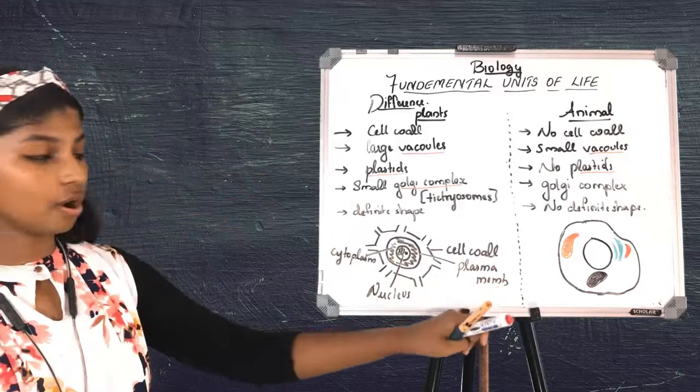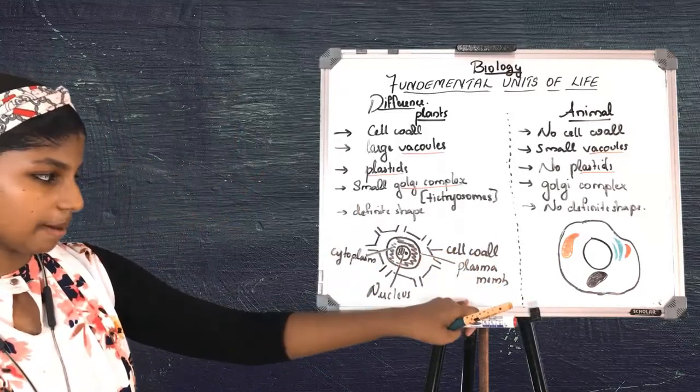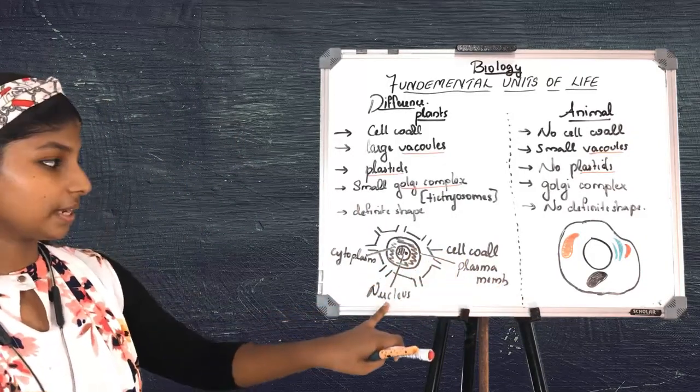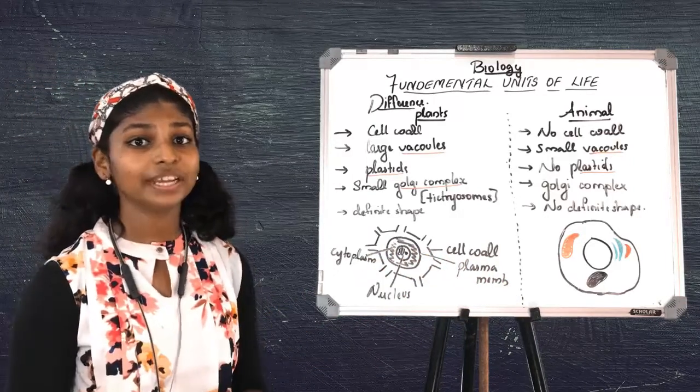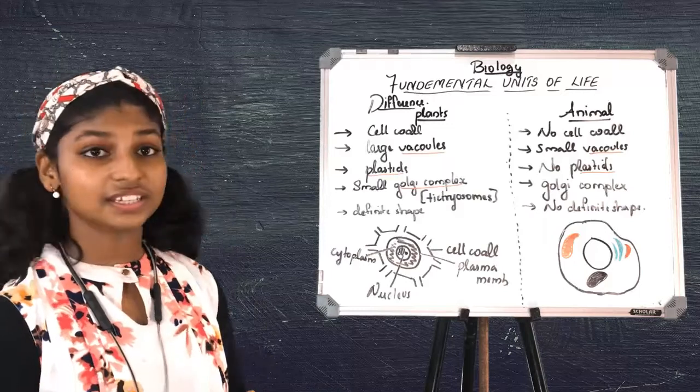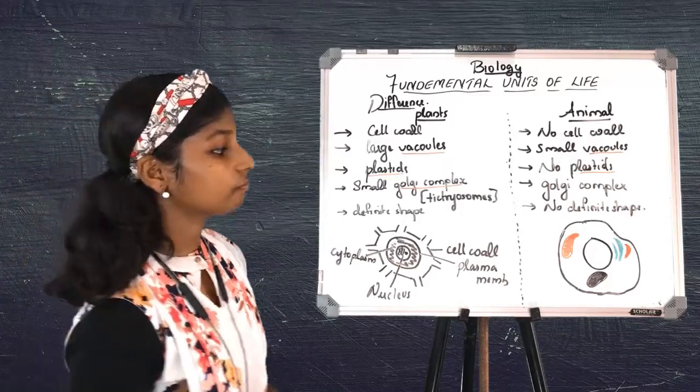So we have the cell wall, then the plasma membrane, and the nucleus, and we have the cytoplasm, which has a fluid consistency, like the consistency of honey.